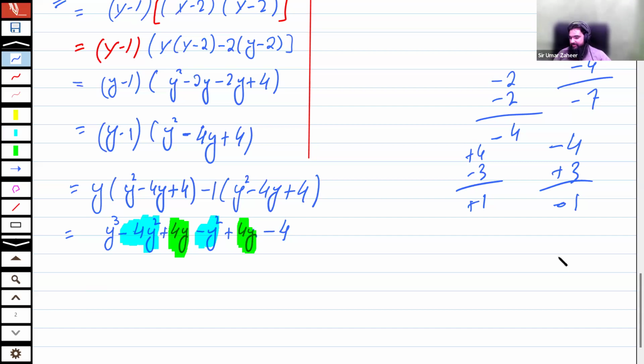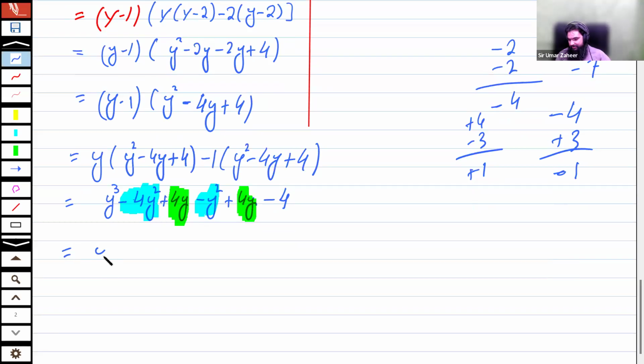Okay, so now we have y cube. It will be -4y square minus y square, same sign, so add the values. 4 plus 1, it will be 5y square, and put the sign of the bigger one, that is minus. Now 4y plus 4y, that would be 8y minus 4.